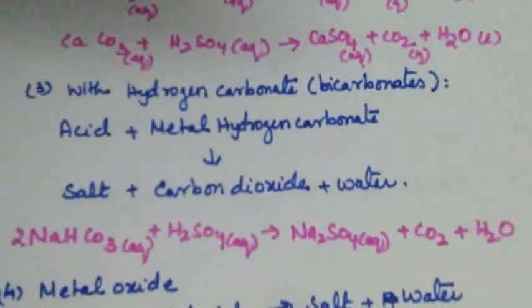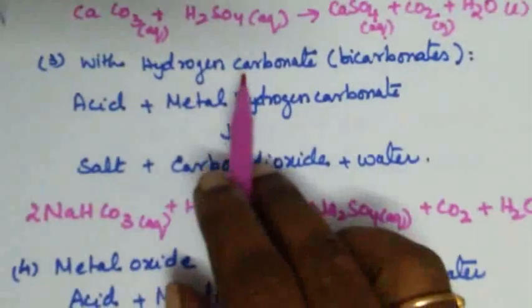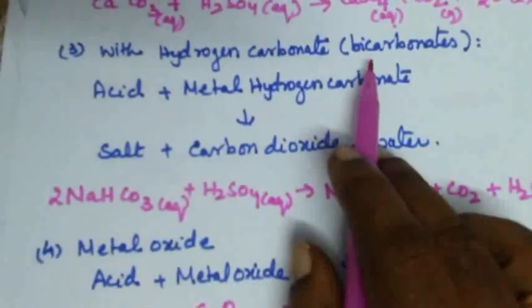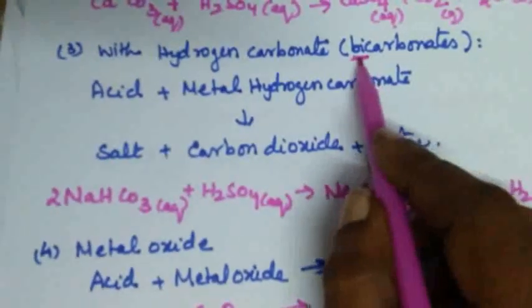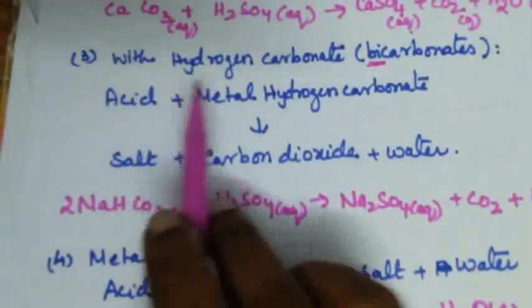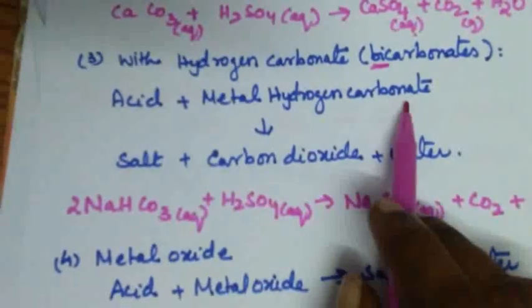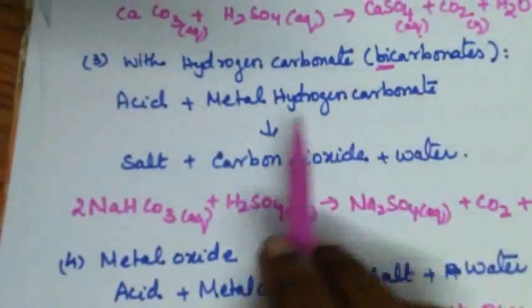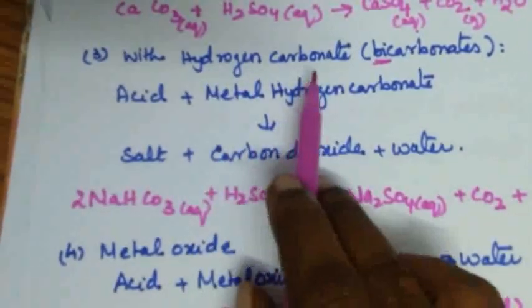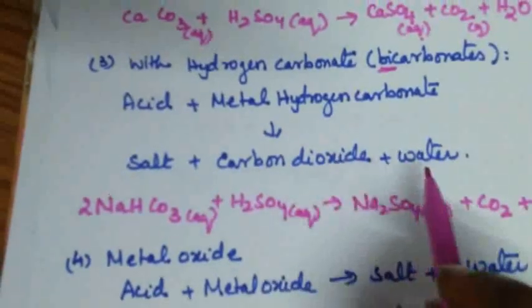Third, reaction with hydrogen carbonate, or otherwise commercially called bicarbonate. We call it bicarbonates. So acid plus metal hydrogen carbonate, or metal bicarbonate, gives you again salt plus carbon dioxide and water, since carbonate is there.